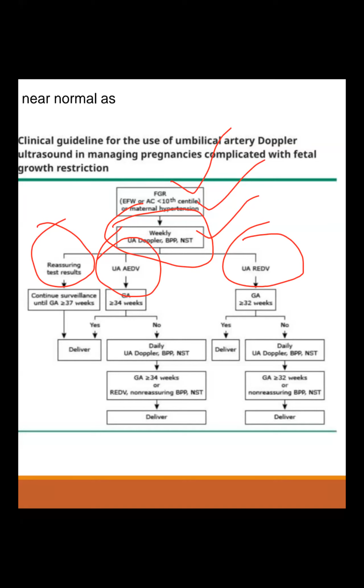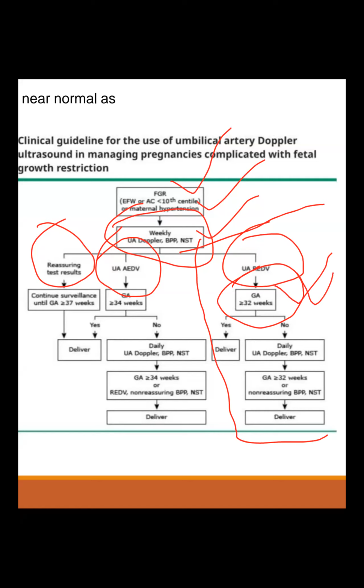This part is our exam part. Reverse diastolic flow, if it is more than 32 weeks, as in Dr. Shruti's case, we have to deliver right now. Dr. Badhan's case was 30 weeks. If it is not 32 weeks, we have to do non-stress test or biophysical profile and weekly Doppler.